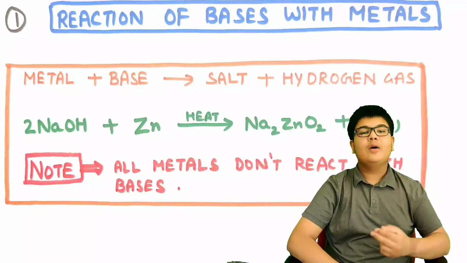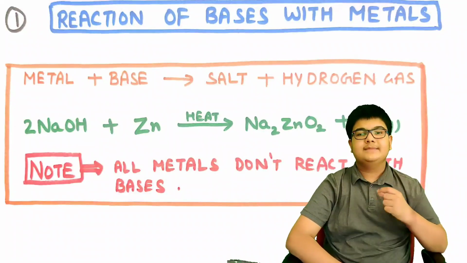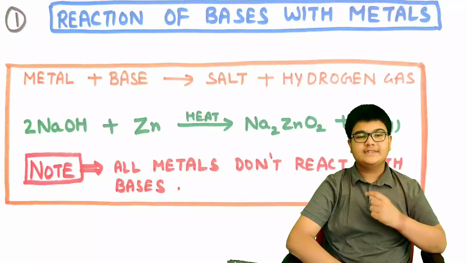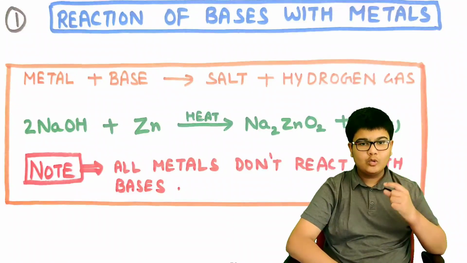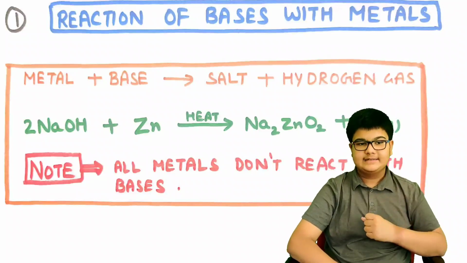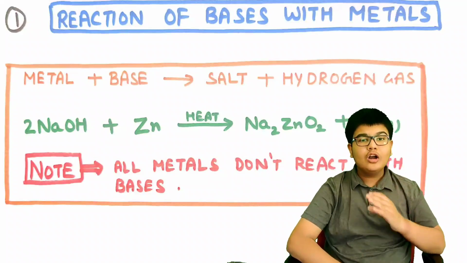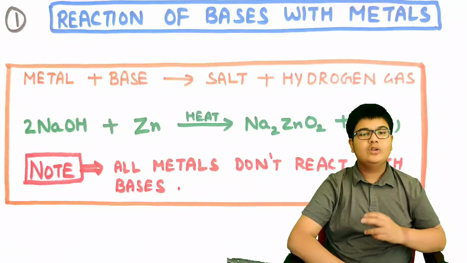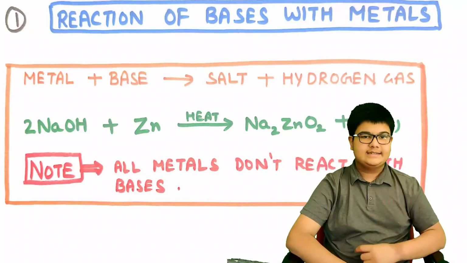To represent in the form of equation, we can say that 2NaOH plus Zn in the presence of heat results in the formation of Na2ZnO2 plus H2 gas. But it is important to note that all metals do not react with bases, and only a few metals react with bases to form salt and hydrogen gas.